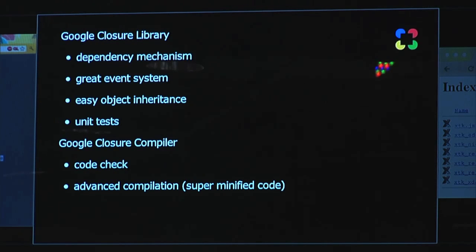And we knew this principle, the Observer pattern, from application development. And it has easy object inheritance and nice unit tests. The Google Closure compiler checks your code when you compile, and in an advanced compilation mode, it's very minified. So we liked it, and we checked a bunch of libraries out there, but this one fitted our need.